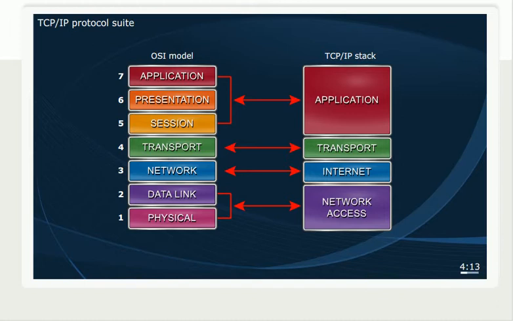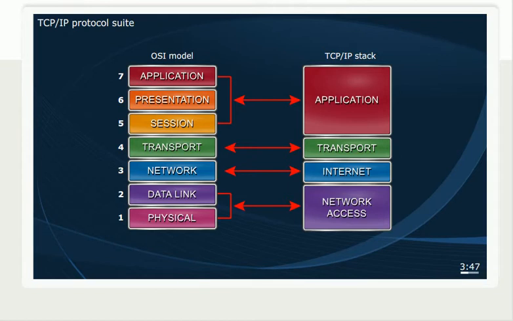Now, Raymond, when I talk about IP addresses, in the OSI model, where do IP addresses live? They live at the network layer. I don't even see a network layer on the TCP/IP stack, but let's break up the name. Raymond, when I say IP address, what does the IP stand for?